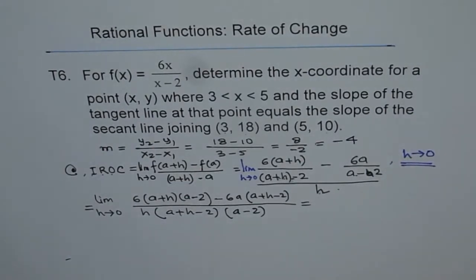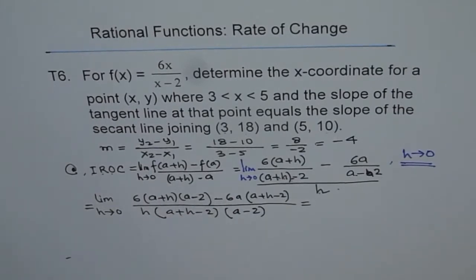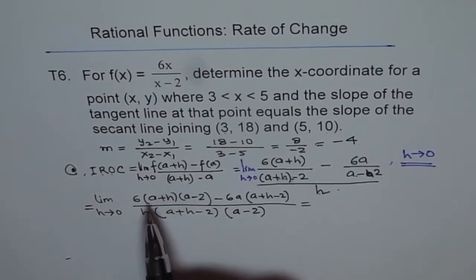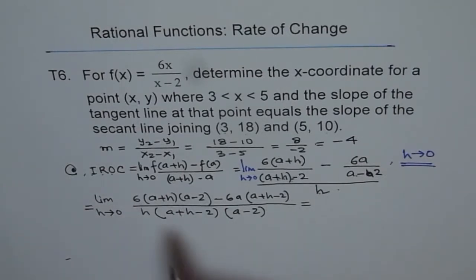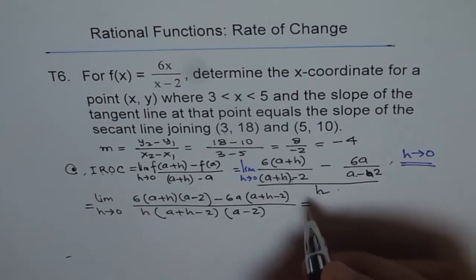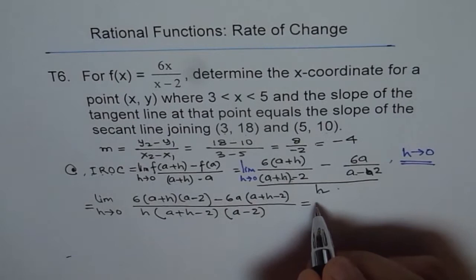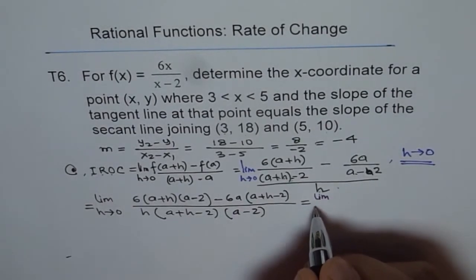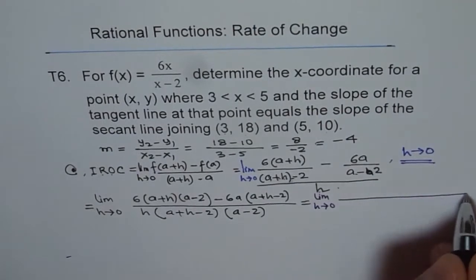Now we can just multiply all these terms and simplify. Since we have 6 and 6 common, we can take 6 outside. We need not multiply by 6 at all. So we'll write limit h approaches 0, and first let me draw a big line here.